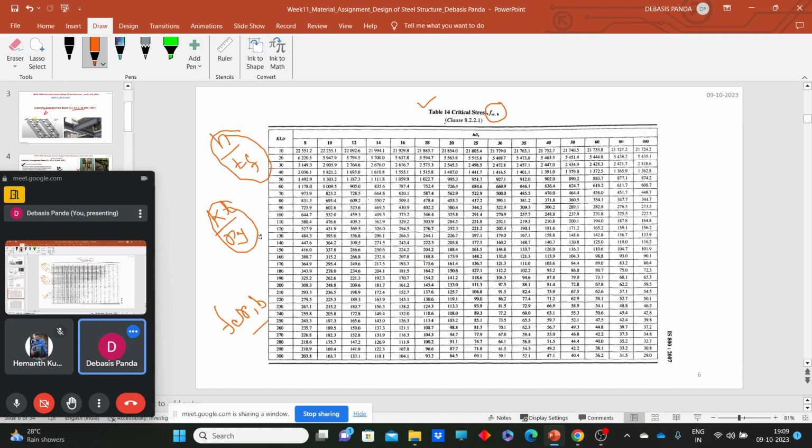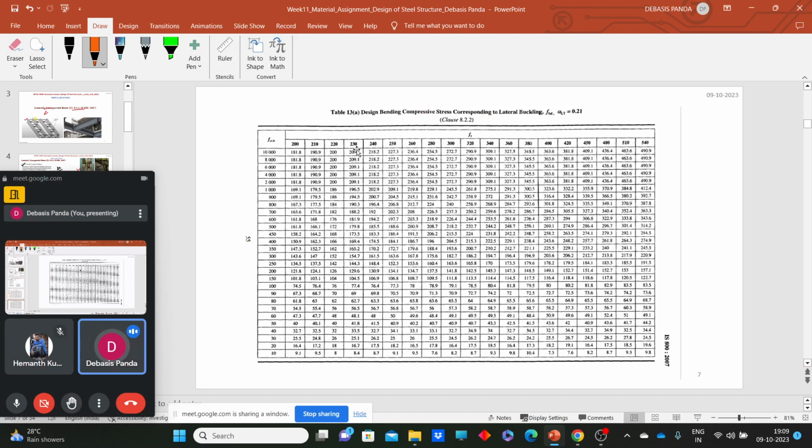Okay. Now, if we can calculate the FCRB value, now depending upon that FCRB value, and also alpha LT, that means we are using the rolled section, so we can calculate the value of FBD easily from Table 13A for the rolled sections.